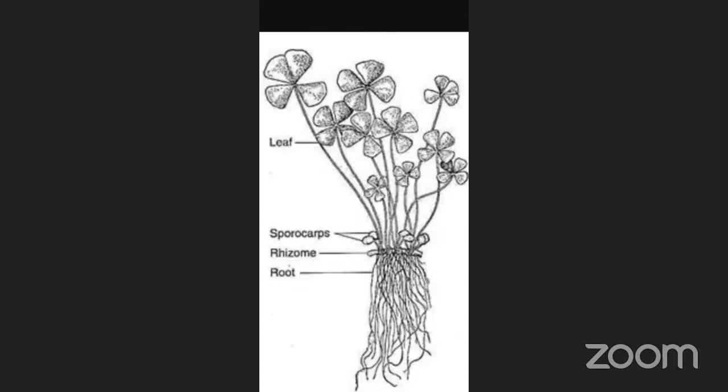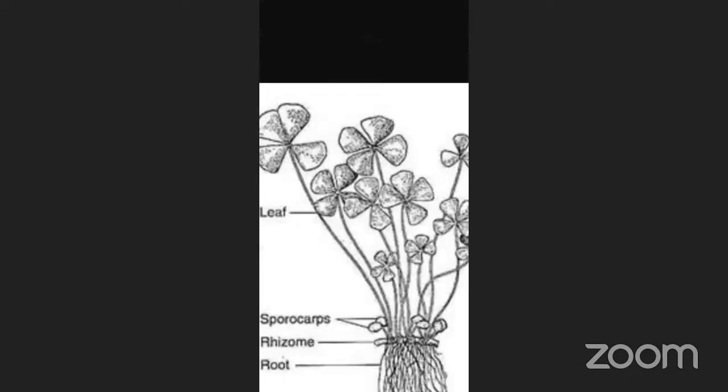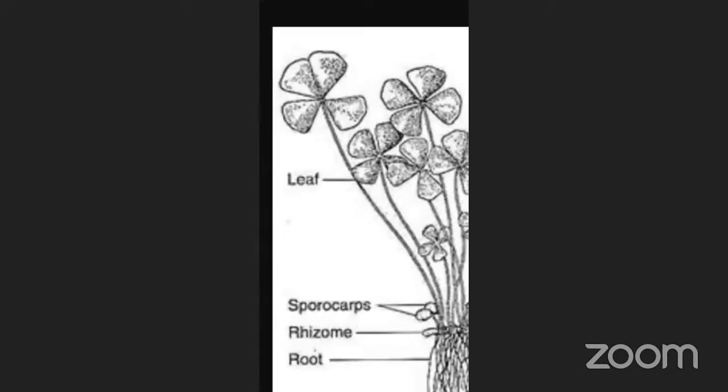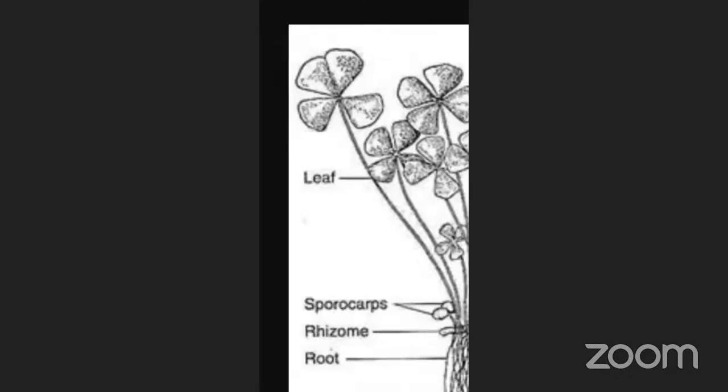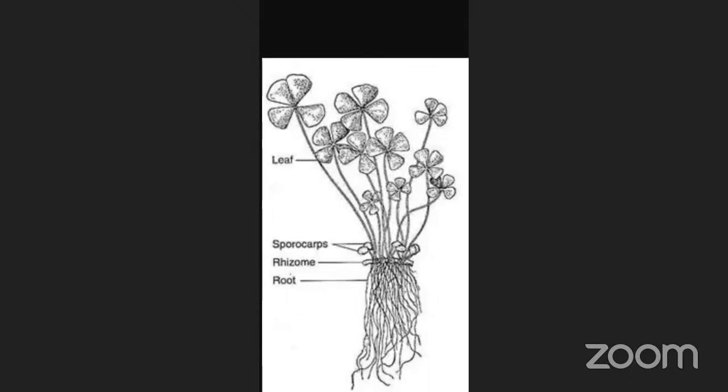They are petiolated and quadrifoliate. Quadrifoliate means four leaflets are there. This total is one leaf. Four leaflets are present, so that character we call a quadrifoliate compound leaf.